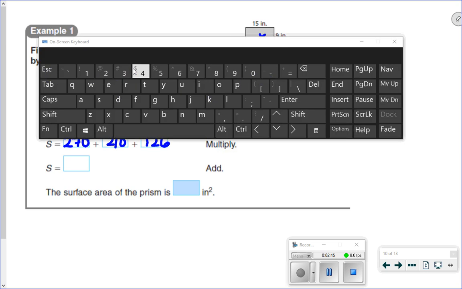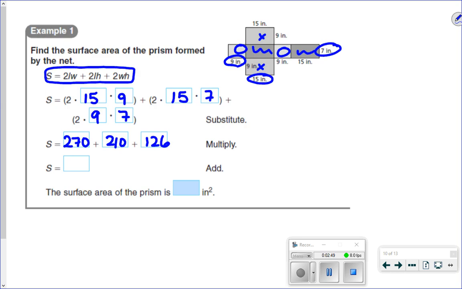This one in the middle kind of looks like a 40. I'm going to erase that so that it actually looks like the number it should be, which is 210. Okay, and then we're going to add those together. So for this one, our total surface area is going to be 606 inches squared. Don't forget that label, 606 inches squared.